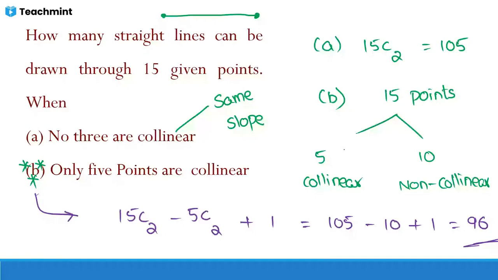My dear friends, 5 points are collinear means that 5 points are on the same line. As per the counting figures concept or any other concept, if 5 points are collinear, we should consider all of them as one line only. Don't say here to here one line, here to here another line. No. If it is the same slope, consider it as only one line, my dear friend.